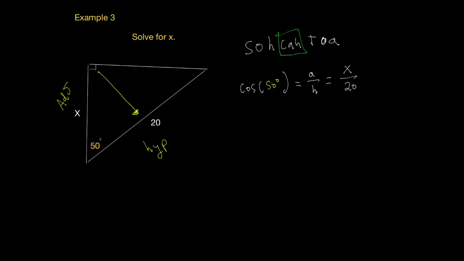Now we have this equation: cosine of 50 degrees is equal to x over 20. Just like last time, I'm going to divide cosine of 50 by 1 so I can get a proportion. Now I'm going to apply cross multiplication. 20 times cosine of 50 degrees is going to be 1 times x, which is just x.